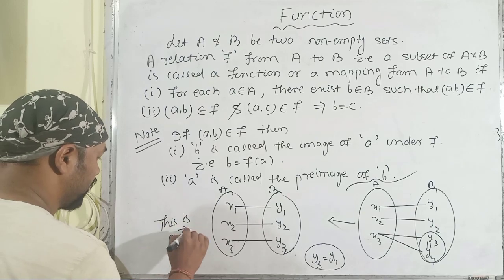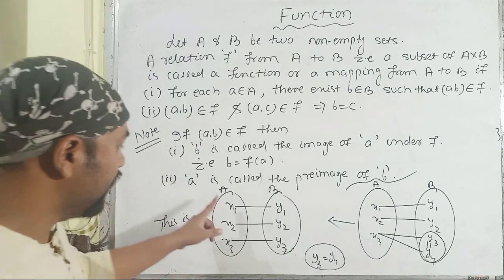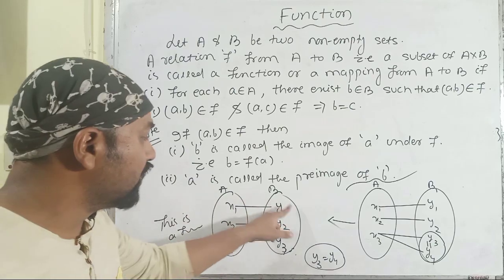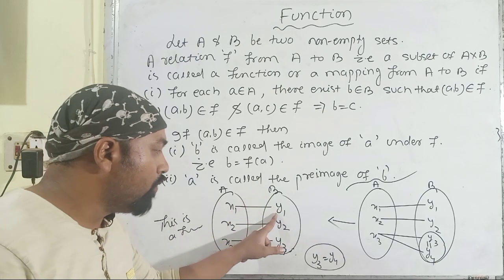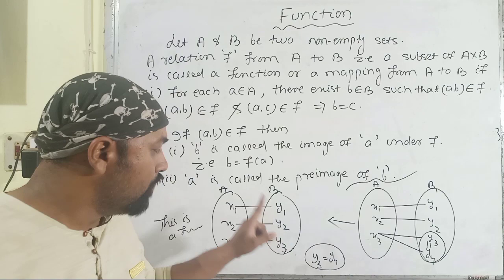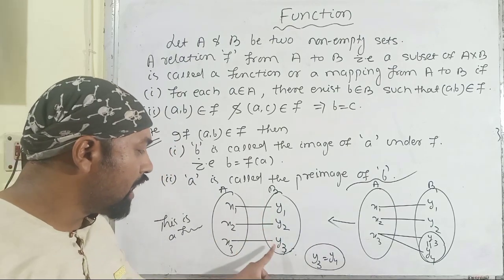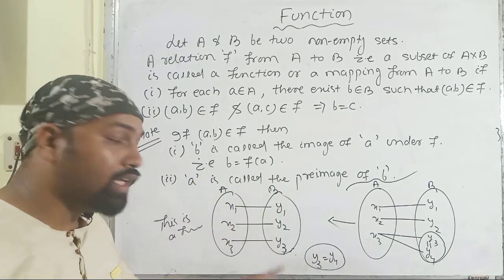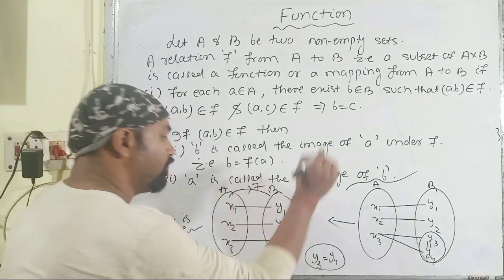The necessary requirement is that each and every element present in the first set must have an image in the second set. If x1 is making an ordered pair with y1, then y1 is the image of x1. If x2 is making an ordered pair with y2, then y2 is the image of x2. If x3 is making an ordered pair with y3, present in the second set, then y3 is the image of x3 under the function f.